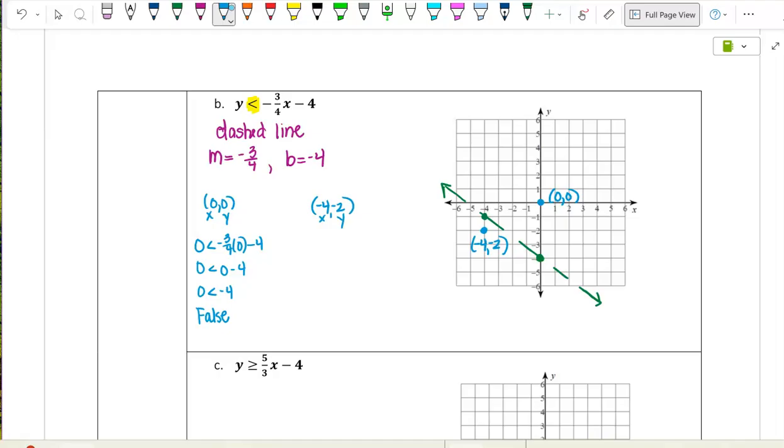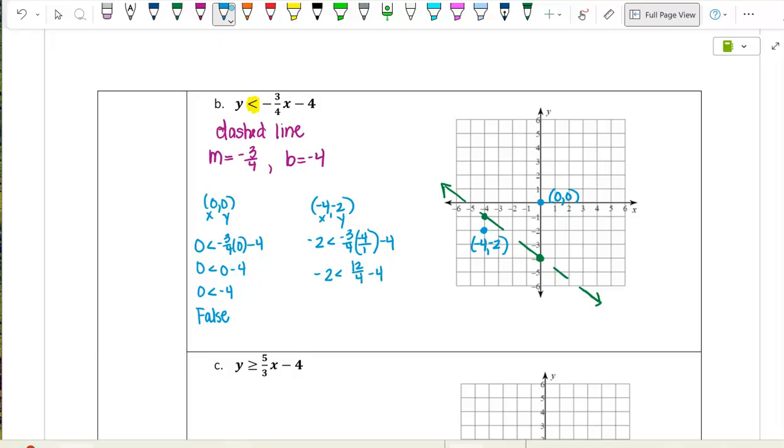So I'm expecting to get a true statement here with my other point. So -2 is less than -3/4 times -4/1 minus 4. So -2 is less than 12/4 minus 4.